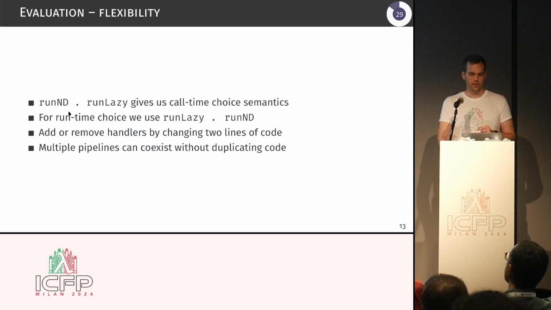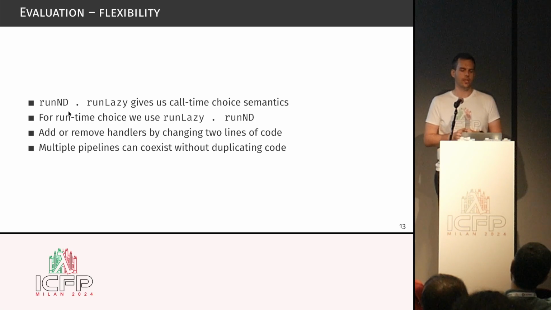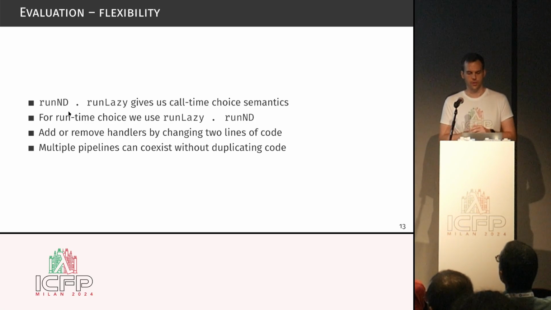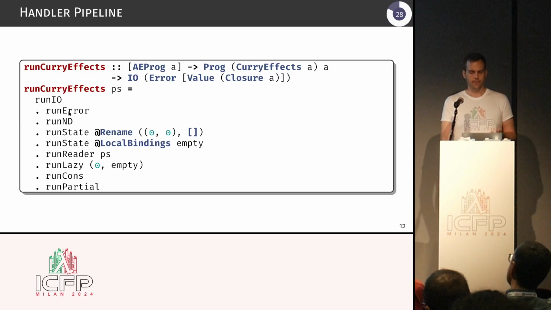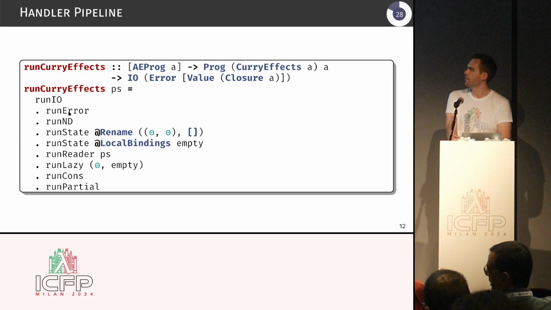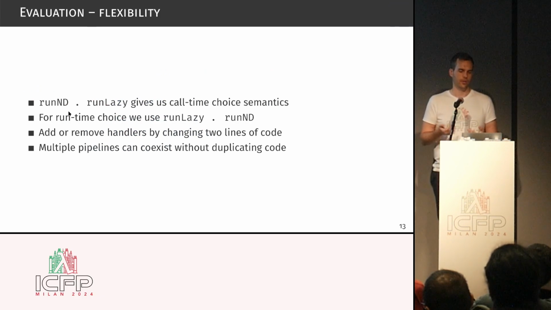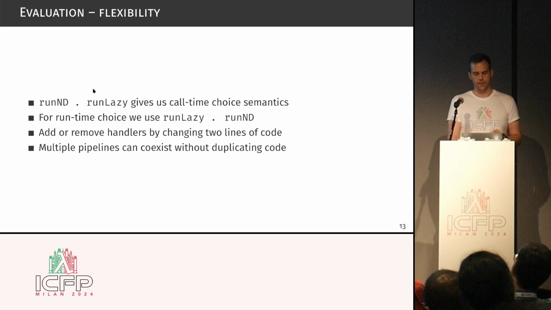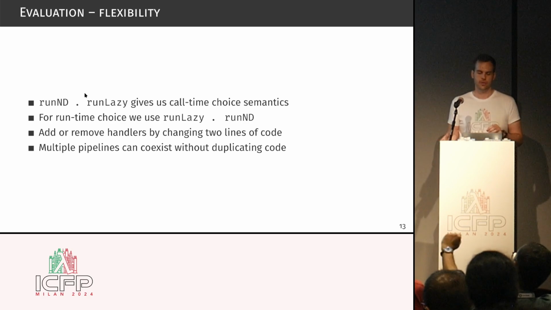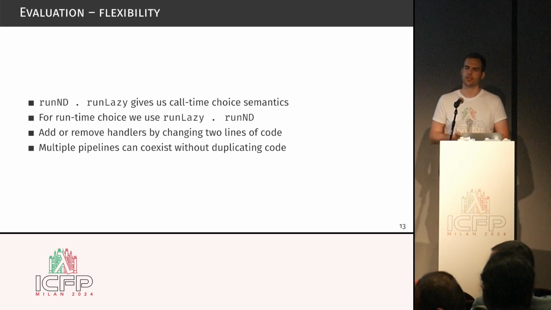Okay, so that's what I've done, and now for the evaluation part of the talk. What this approach obviously gives me is flexibility, because I have this pipeline, and I'm free to reorder all those handlers in an arbitrary way. For example, if I run lazy first and then run nd, I'm going to get the call-time choice semantics I mentioned earlier.